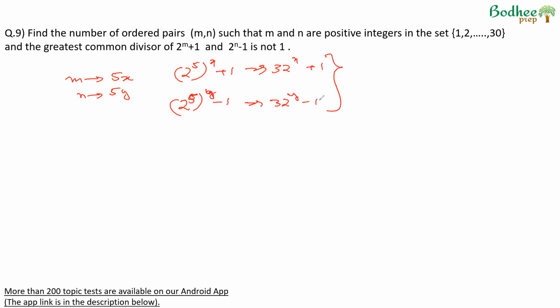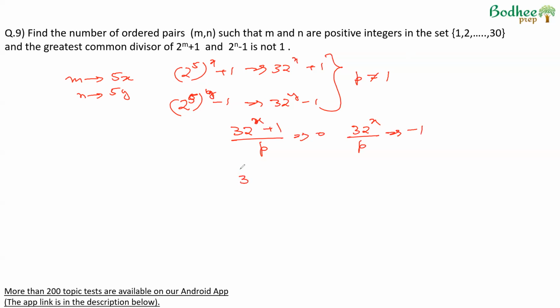Now we want there to be a common factor amongst these two numbers, say p, and this should not be equal to 1. Now, if we divide 32^x plus 1 by p and we need remainder 0 divisibility, that means 32^x divided by p should have a remainder of minus 1.